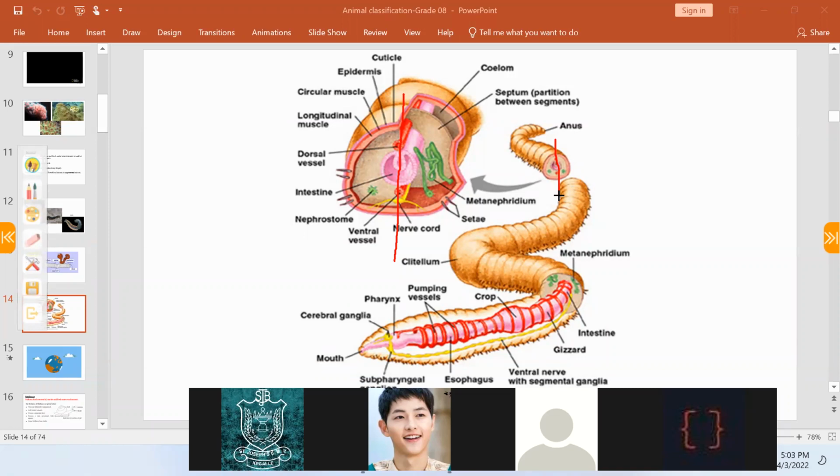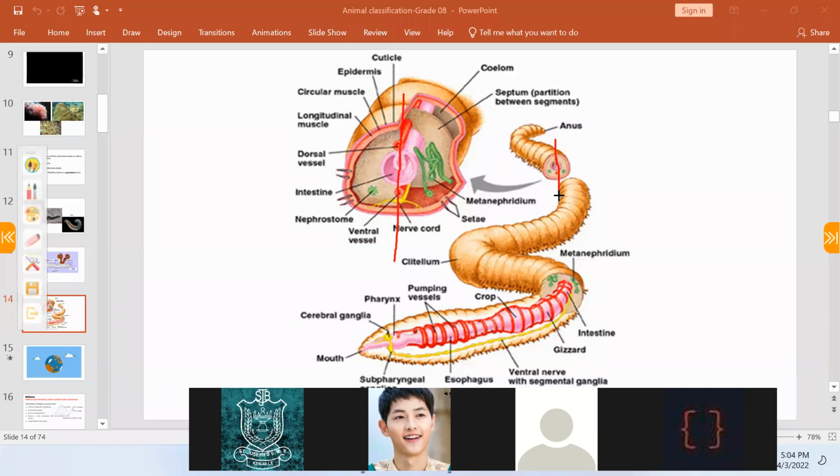Can you remember what kind of symmetry that Cnidarians had? What was it? Radial symmetry. Radial symmetry means two equal body parts can be obtained by cutting along many axes. You can cut in every direction and get two equal halves.